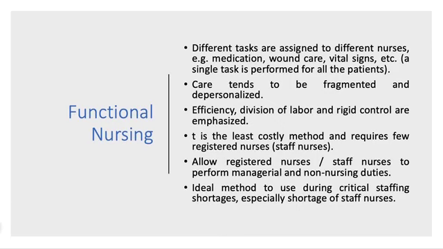So it is fragmented. But the efficiency and division of labor and rigid control are emphasized. Meaning to say, since this is what you are going to do only from start of the shift until the end, then the accountability is very clear, which again we are going to further discuss in the online forum.